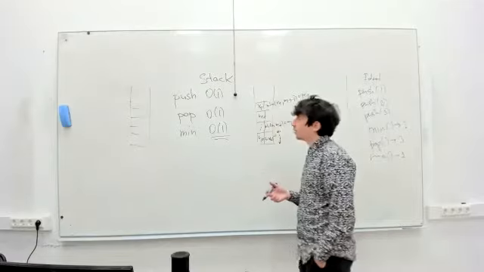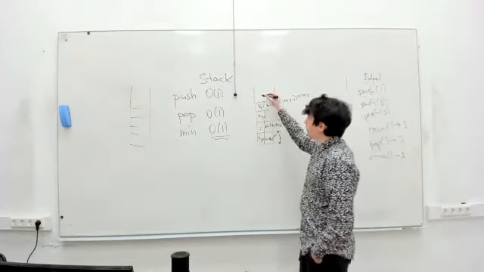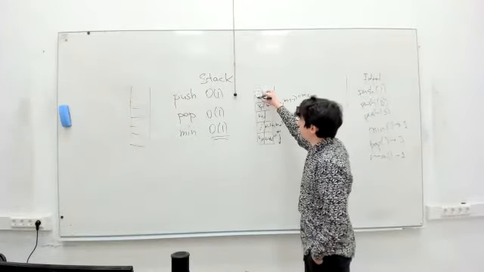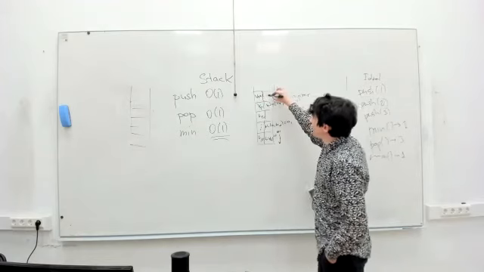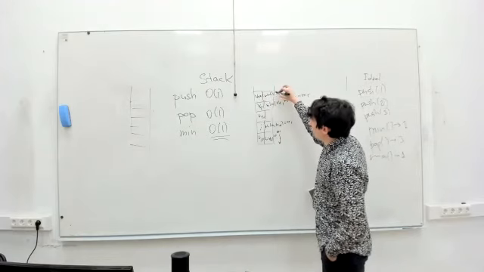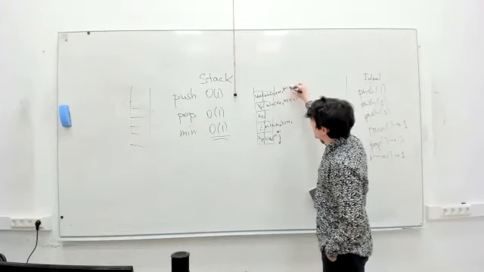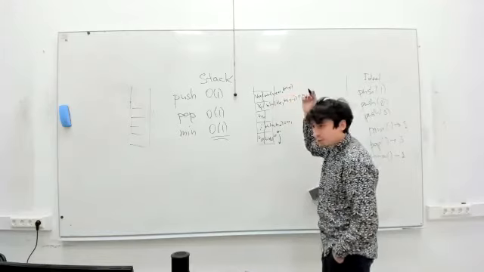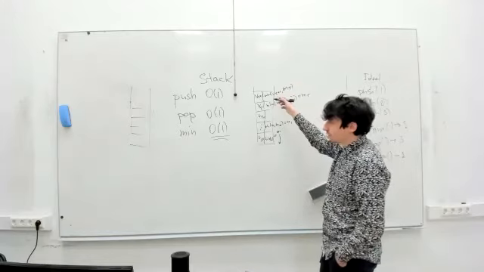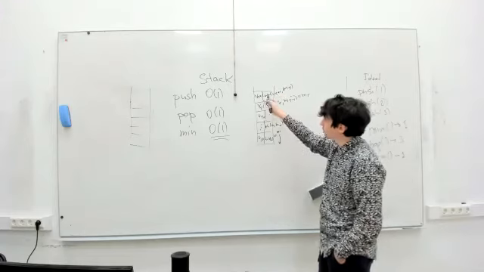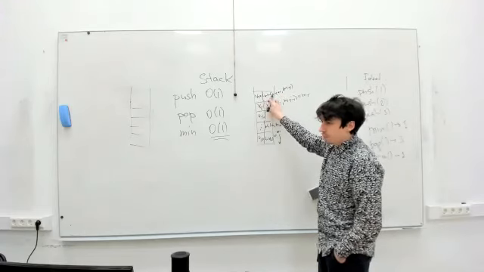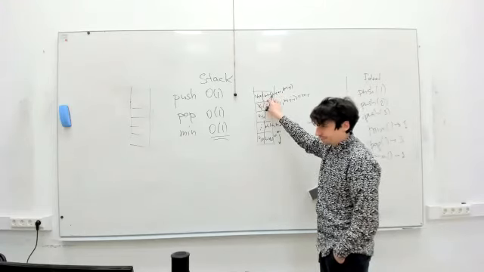Then how to operate push? In the push, you add the element here, Vt plus 1. You calculate the minimum of Vt plus 1 and mt and put it here. Then how to answer the minimum operation? For the minimum operation, we just take the minimum value that we store here.